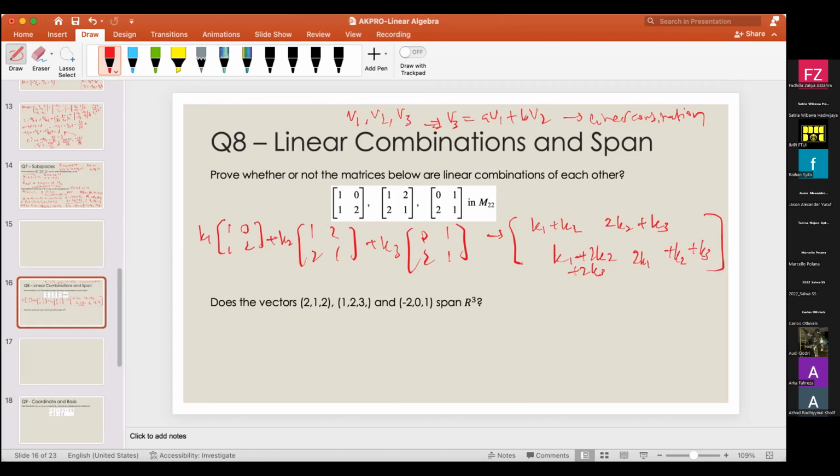So now we have 4 different equations here. In order to create more space, I will have to move the second question.